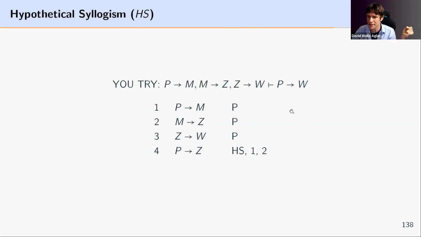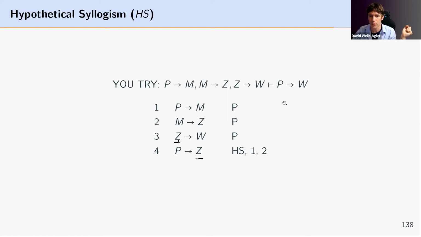The next step would be to try to reason to the conclusion, which is if P then W. If we look at line 3, we have if Z then W. And if we look at line 4, we have if P then Z. So we have this Z, which is the antecedent of line 3, and Z at line 4, which is the consequent of line 4.